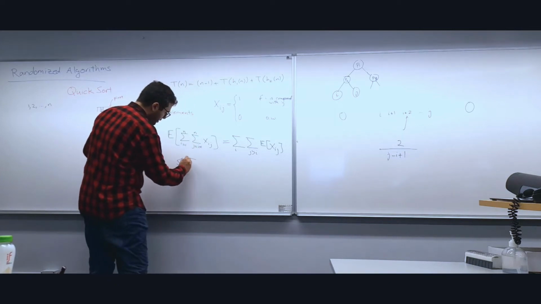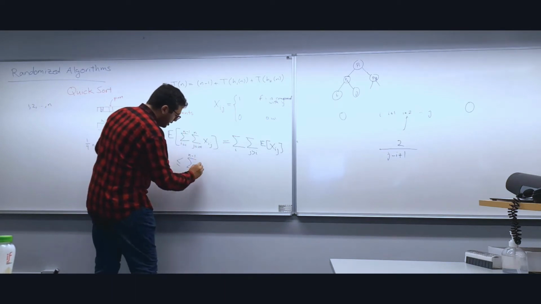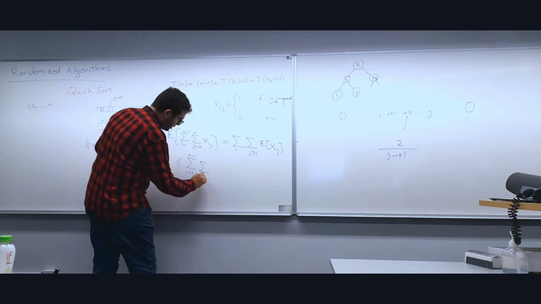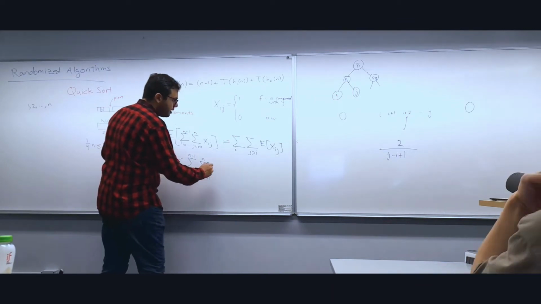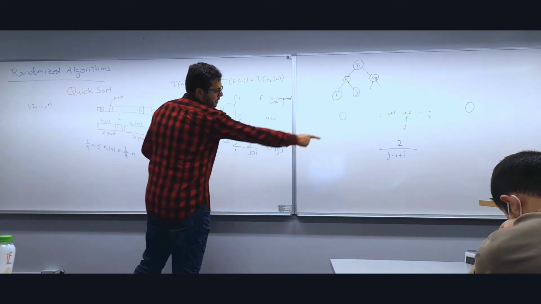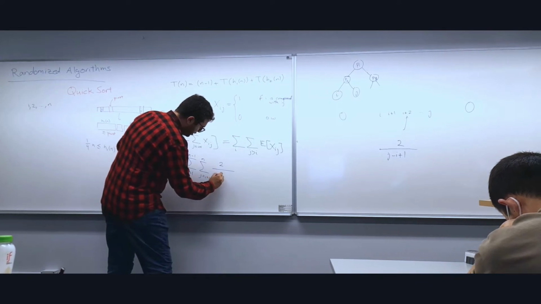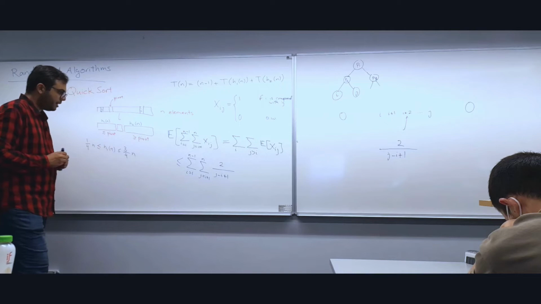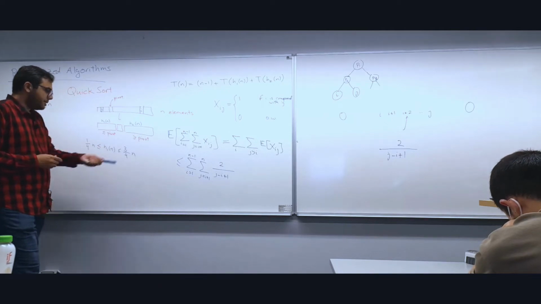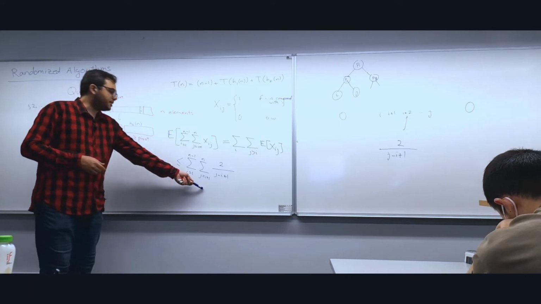This is the sum over every I from 1 to n minus 1, and the sum over every J from I plus 1 to n, of 2 divided by J minus I plus 1. Now it's just algebra. I have to figure out how I can bound this sum.